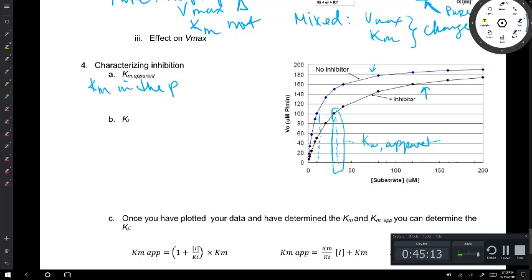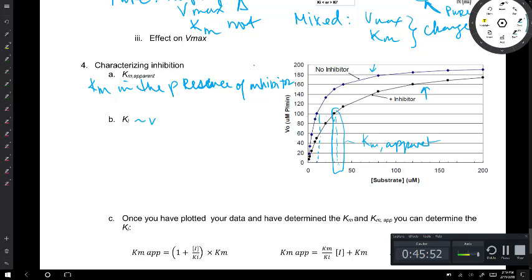So again, the Km apparent is the Km in the presence of an inhibitor. But remember that Km is going up because the inhibitor is preventing the enzyme from binding. And so we can use the Km of the enzyme in the presence of the inhibitor and the Km without an inhibitor to determine the Ki, or the inhibition constant.